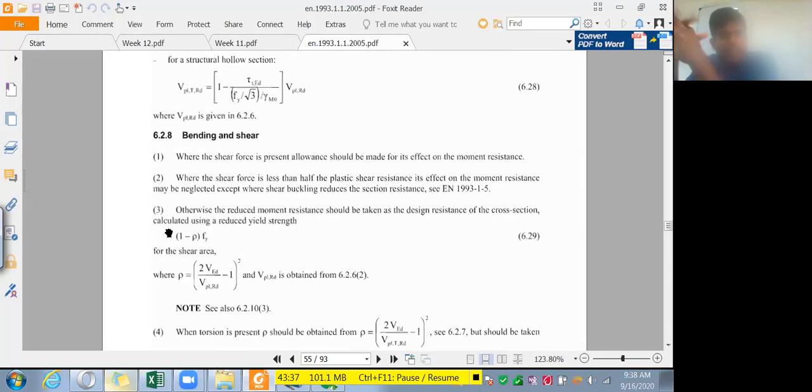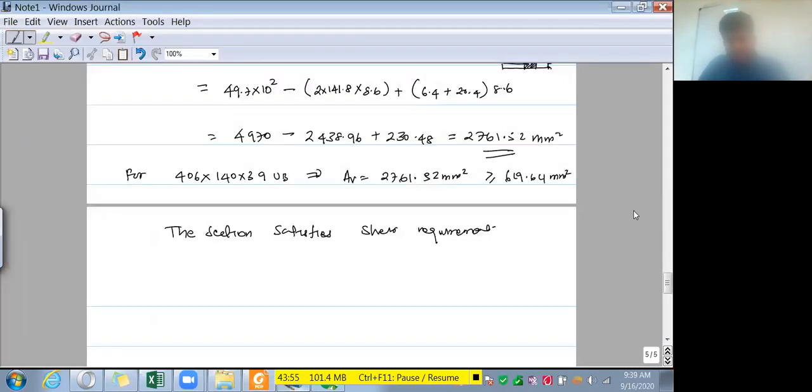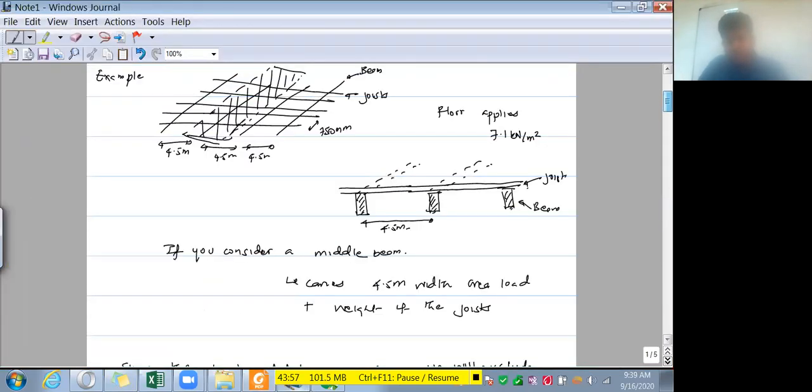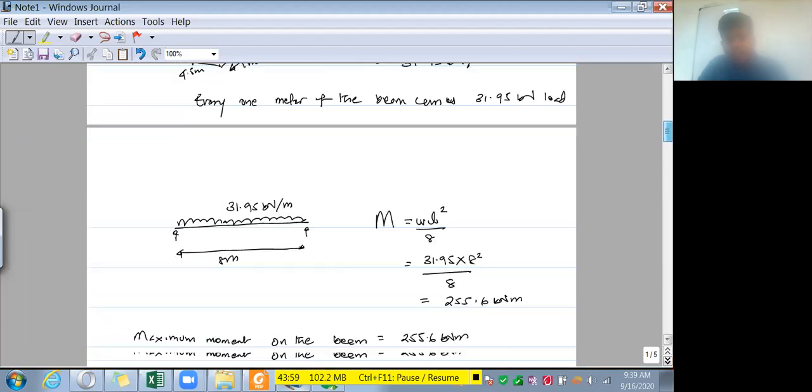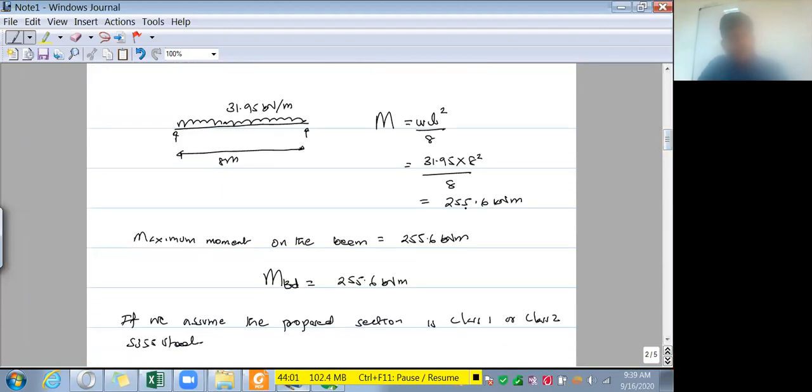So that is a bit of a danger we have. Because we require 720 centimeter cube section modulus, we have chosen 724. That means compared to the required moment of 255.6 kilonewton meter, our section may be having a little bit more than that.